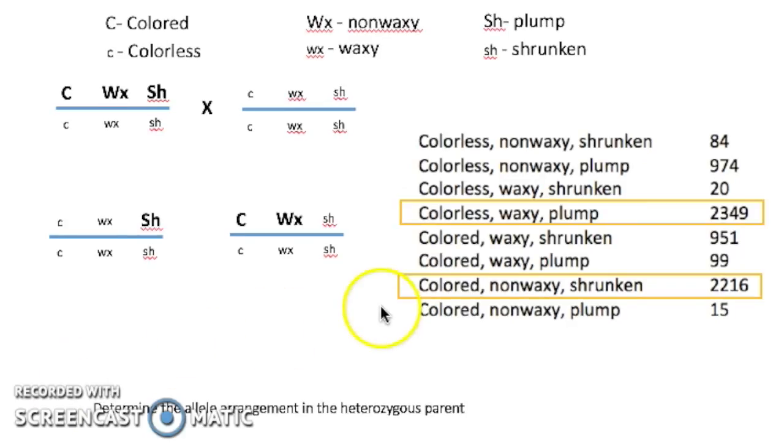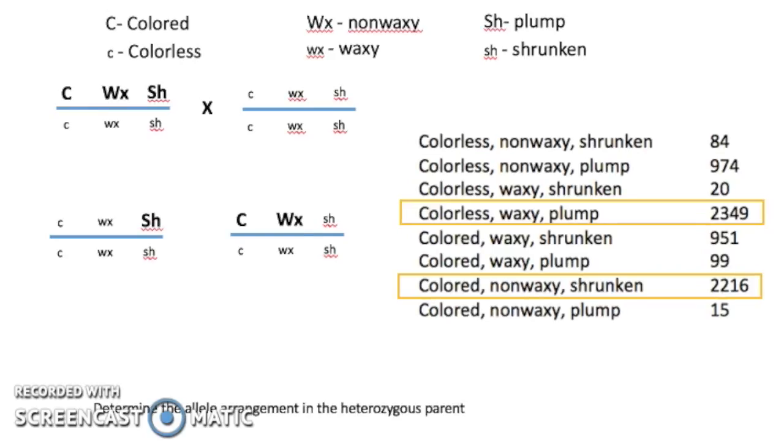So we have the colorless, waxy, plump one. Right here we have the colorless, waxy, and then this one would be plump because of the dominant. And then we have a colored, non-waxy, shrunken, which is right here. And that way we are able to determine what those offspring would look like.